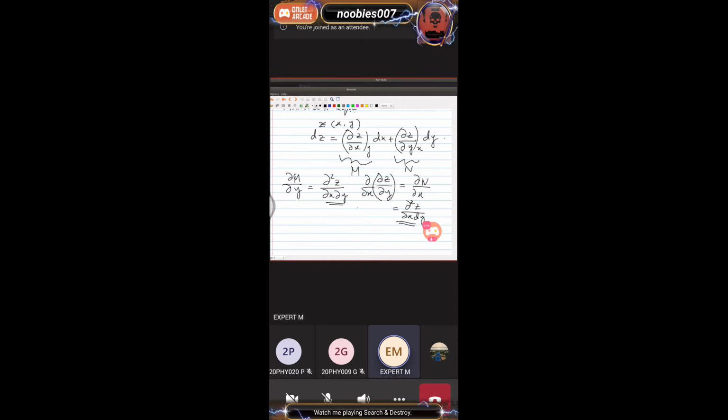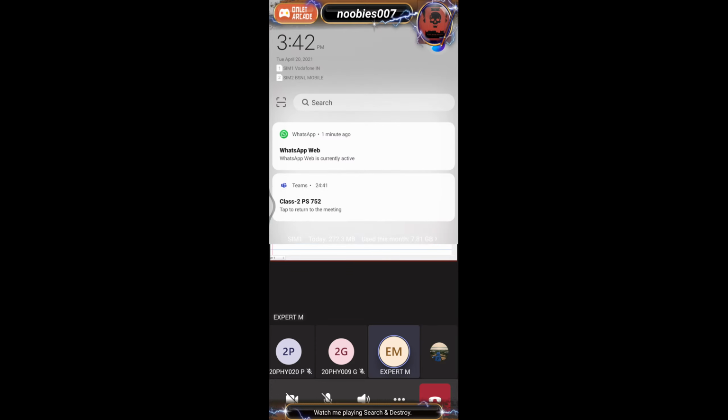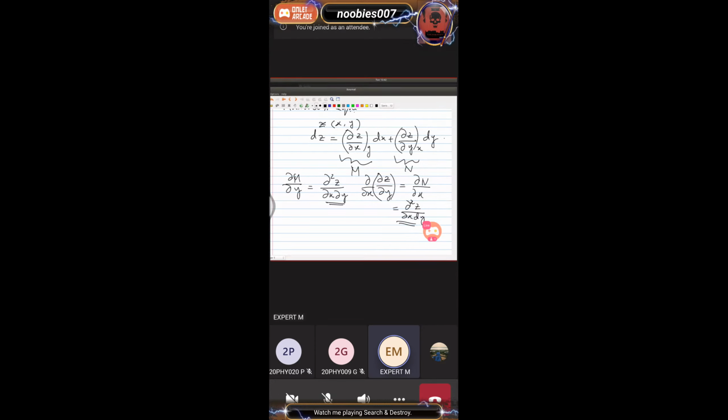Sometimes the derivatives are not commutable and these kinds of equations might not hold, right? If the derivatives are commutable, it doesn't matter whether you take the derivative with respect to y first or with respect to x first. In the case of a polynomial function, it never matters.